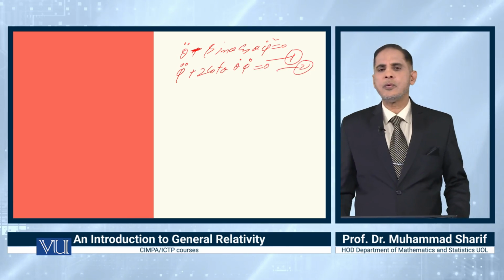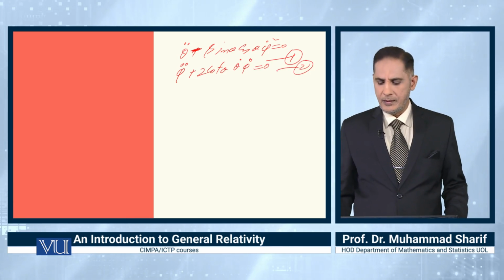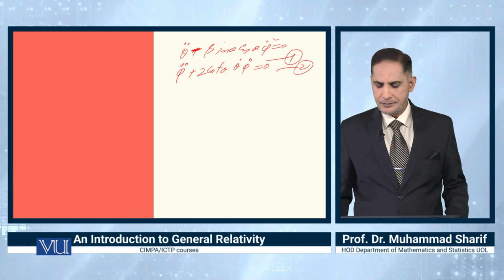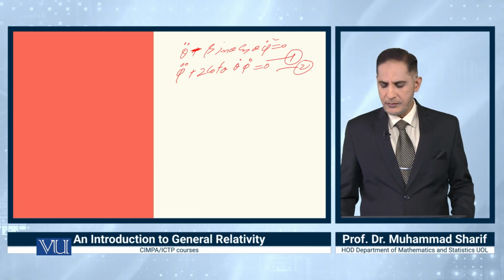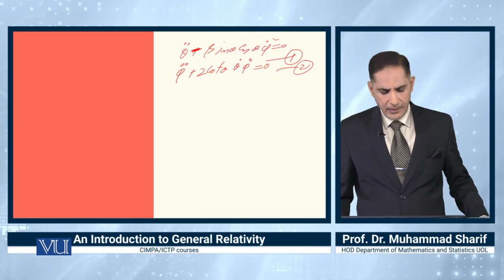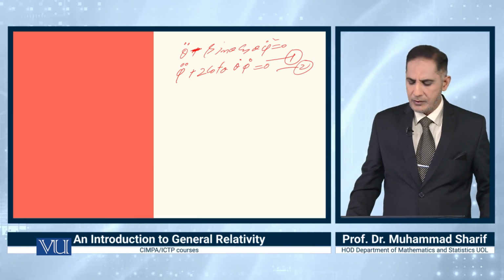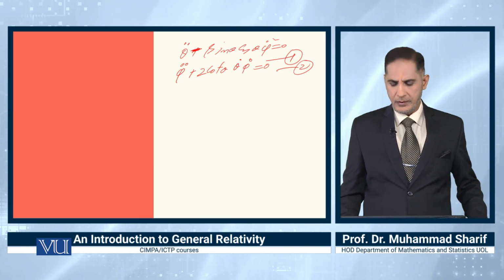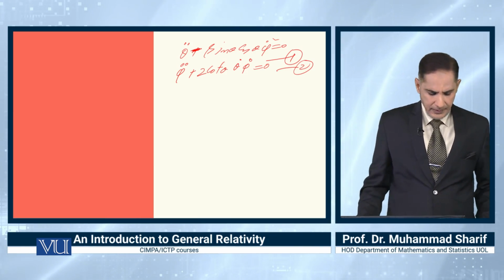This is a set of 2 differential equations. These are in fact ordinary differential equations. Not always can we solve the geodesic equation, but in this simple case we can solve this set of equations.